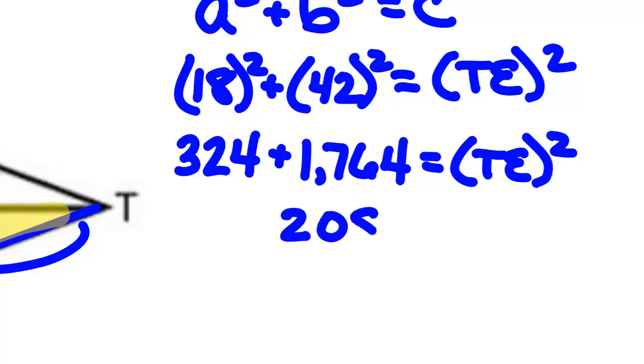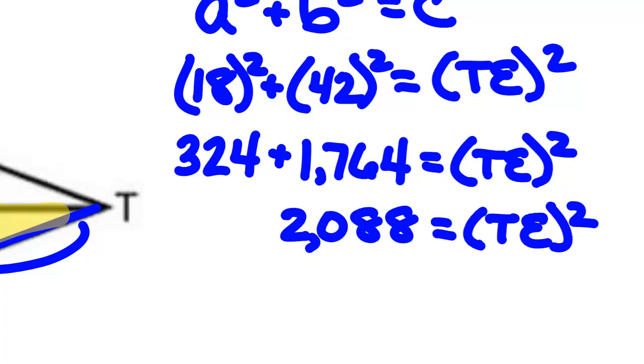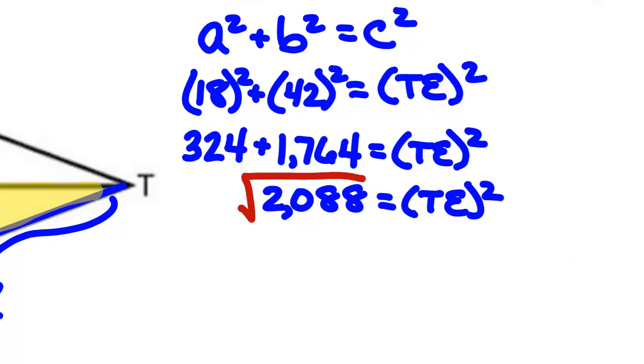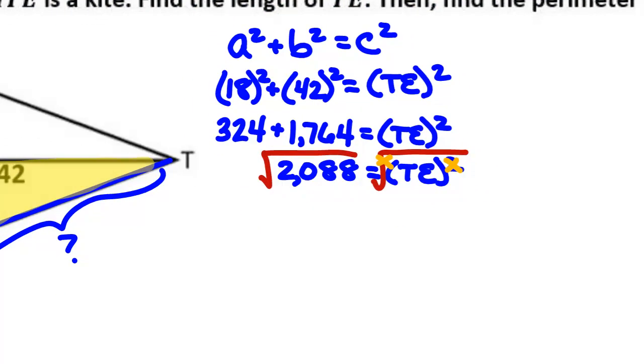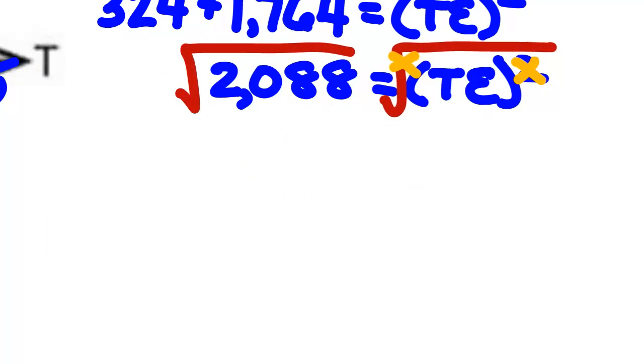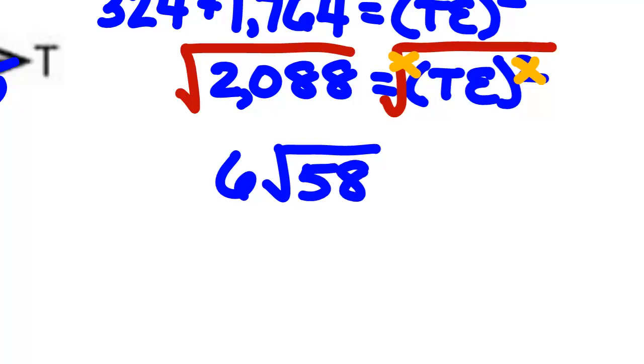We get 2,088 is equal to TE squared. Square root both sides to get TE by itself. On the right, the squared and the square root cancel. The square root of 2,088, if you write it in its reduced radical form, is 6 square root of 58.